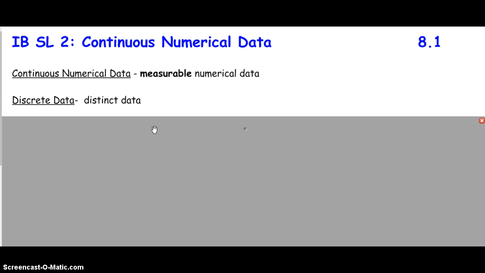Now for continuous, we're talking about measurable data. So if we were measuring the students' height, or their shoe size, or other items that are measurable, then that is continuous data. And tonight we're going to be talking about continuous.